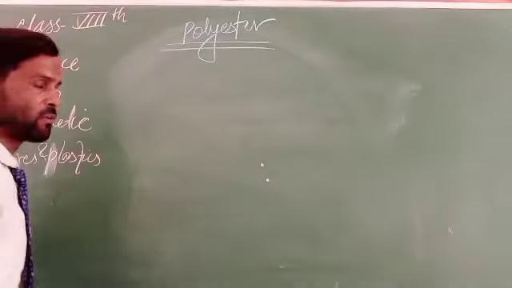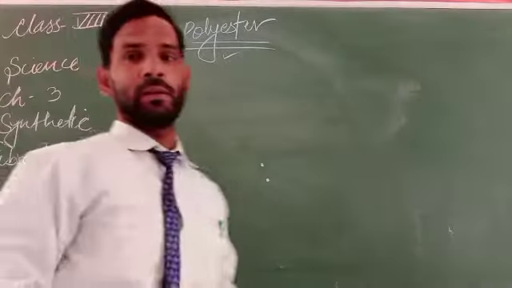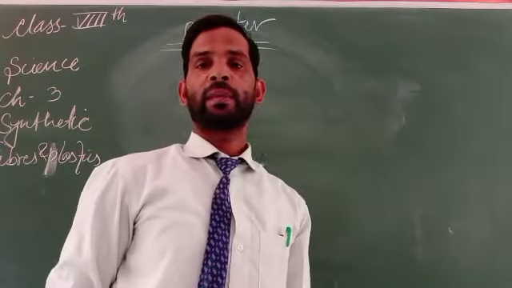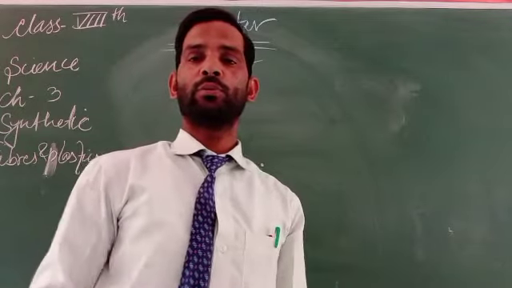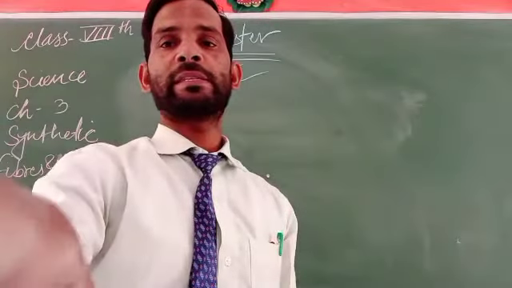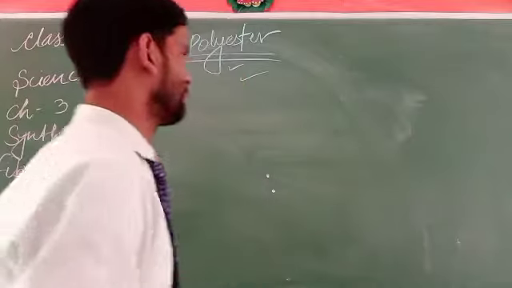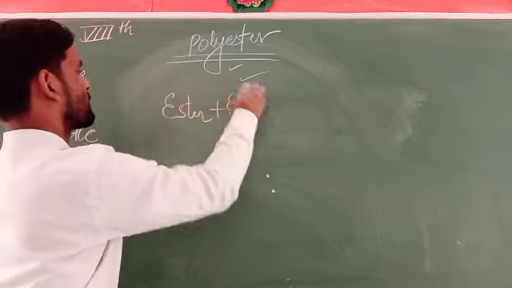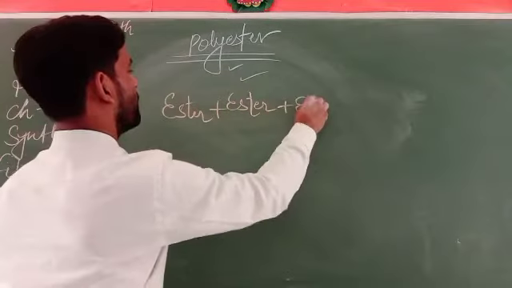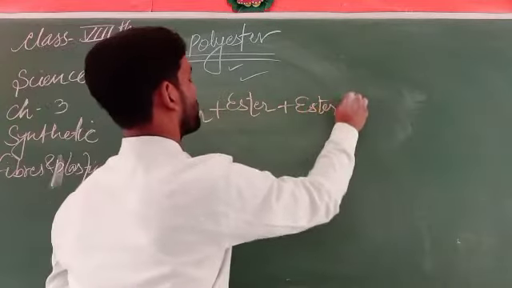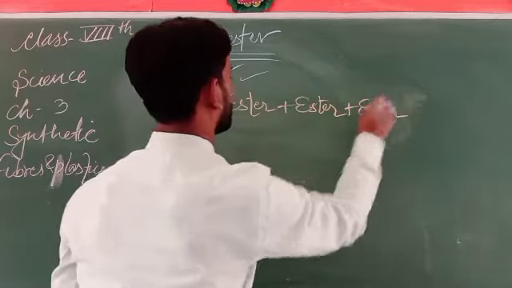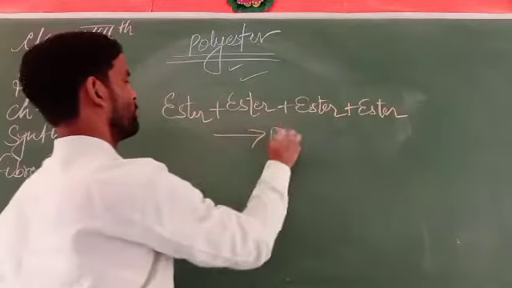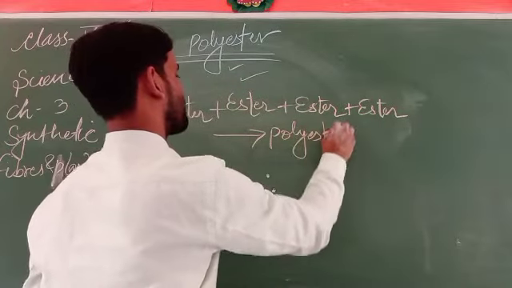Because it is manufactured from the monomers of esters. Like the repeating unit of nylon is amide, similarly the repeating unit of ester makes polyester. If there are a large number of esters, it forms polyester.